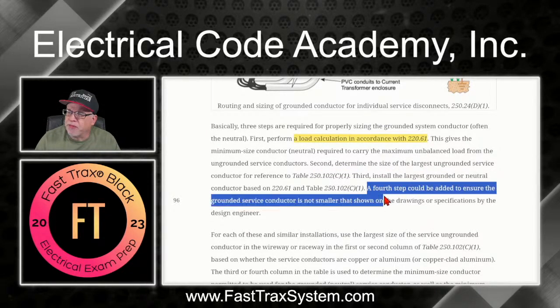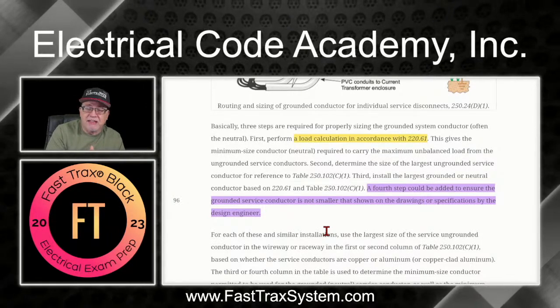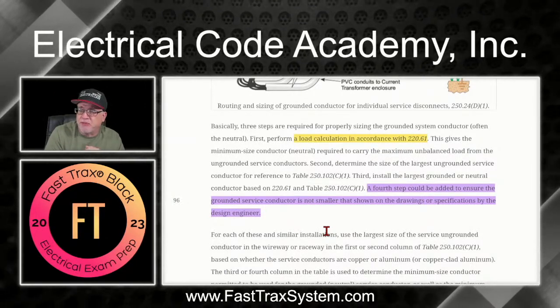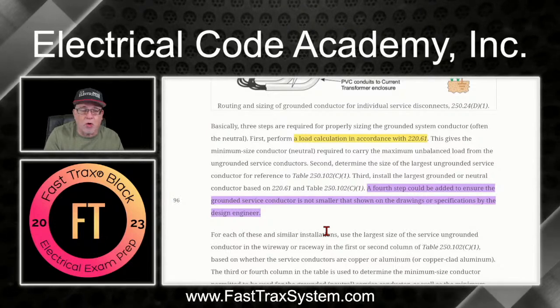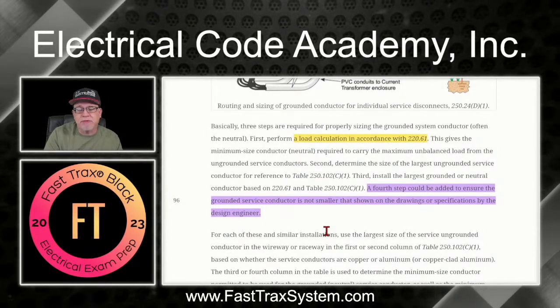Now, of course, the fourth thing that might come into play is if it's an engineering design. If an engineer designed it and they just made the grounded conductor the same size as all the ungrounded conductors or larger or whatever they did, then you're going to follow the engineer's drawings. Because ultimately, at the end of the day, they're the ones designing it. They're the ones putting their stamp on it.